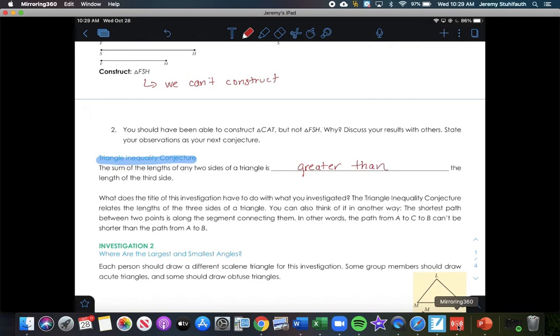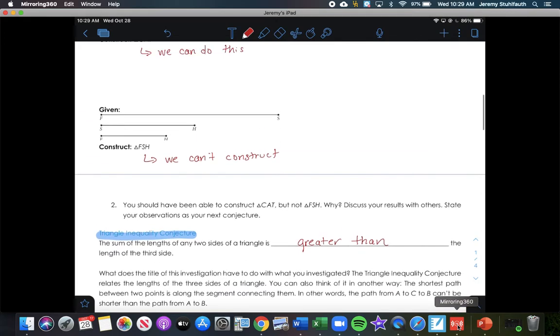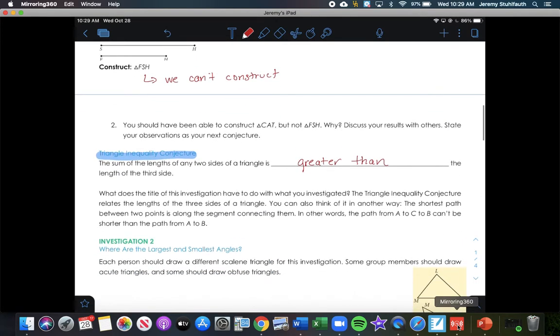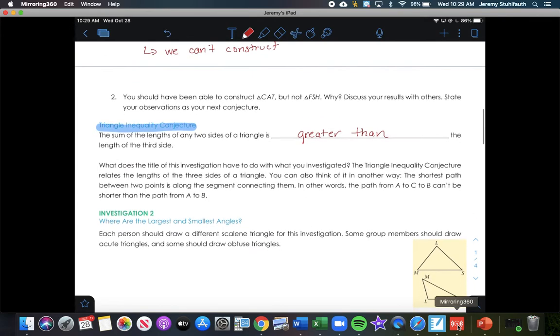So what that means is, if you take any two sides and add them together, those two sides should be bigger than the length of the third side. Okay? So why is this true? Think about the saying, the shortest path between 2 points is along the segment connecting them.